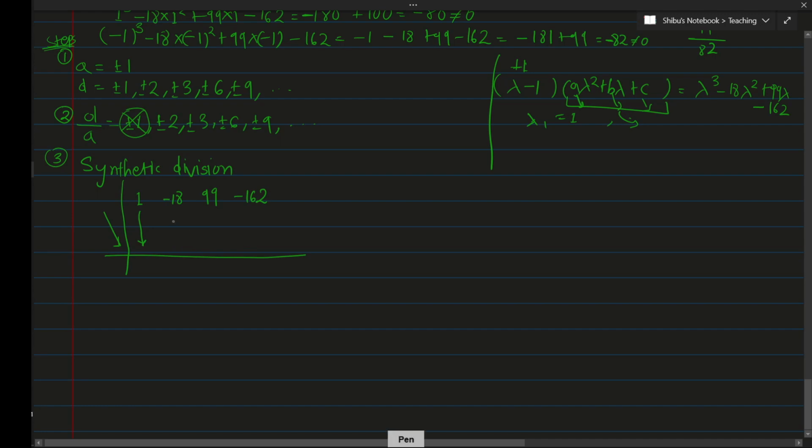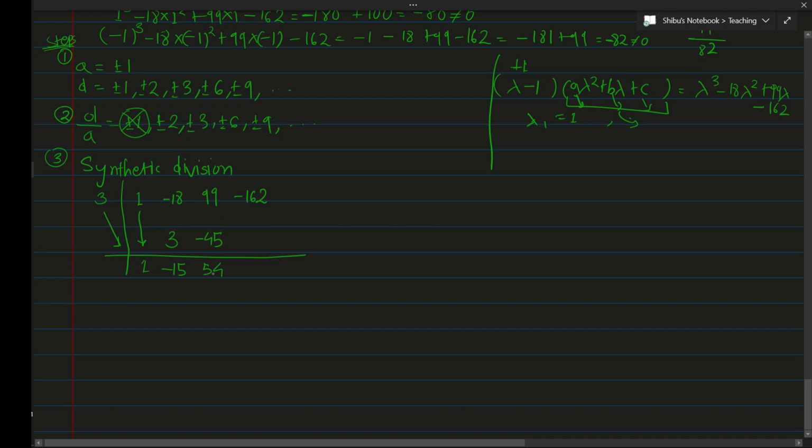Now erase these things, and try with 3. If we try with 3, then again bring 1 here. 3 ones are 3. Adding this to minus 18, we get minus 15. Again minus 15 into 3 will be minus 45. Adding this to 99 gives 54.